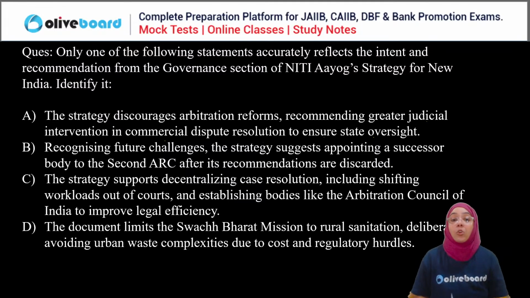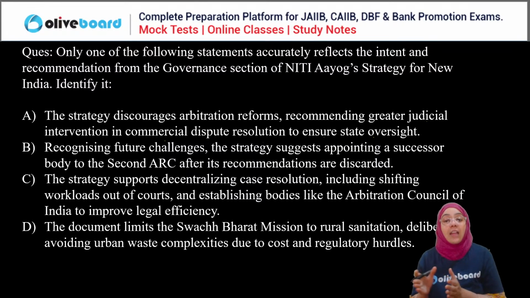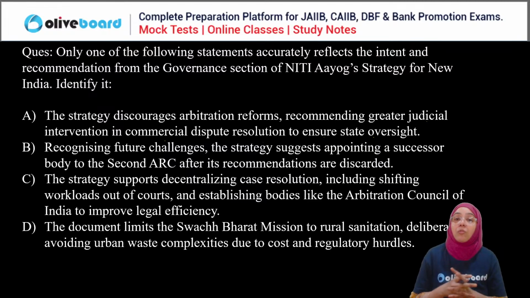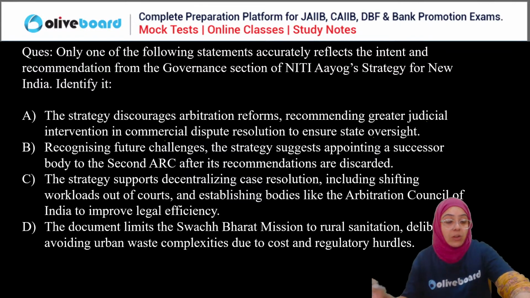The strategy supports decentralizing case resolution, including shifting workload of courts, establishing bodies like the Arbitration Council of India to improve legal efficiencies. And last, the document aligns with the Swachh Bharat Mission for rural sanitation, deliberately avoiding urban waste complexities due to the cost and regulatory hurdles.